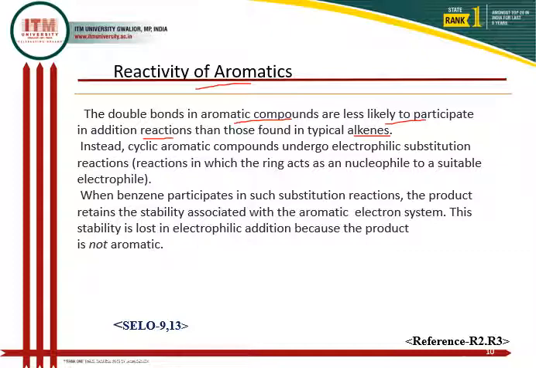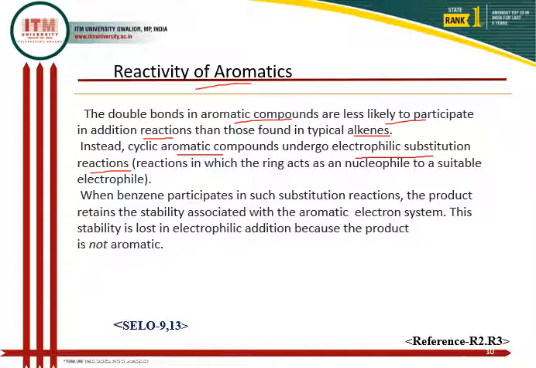The aromatic hydrocarbons do not undergo addition reaction. Instead, the cyclic aromatic compounds undergo electrophilic substitution reactions. So the most common reaction found in the aromatic hydrocarbon is electrophilic substitution.